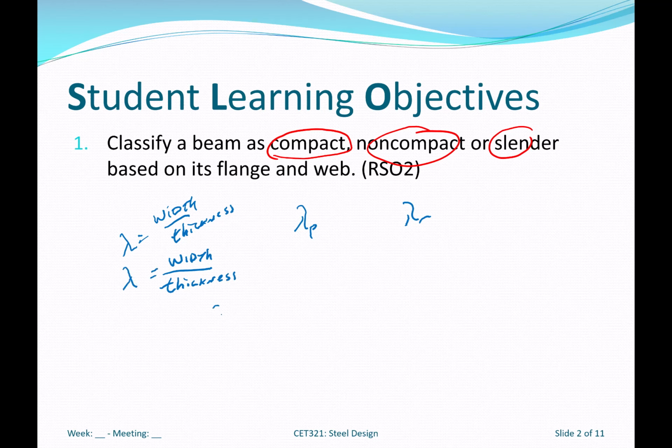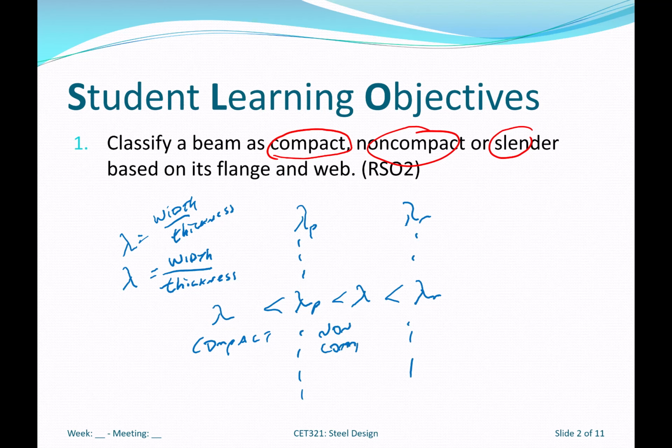If lambda is less than lambda sub p, it's compact. That's good. If lambda is greater than lambda sub p but less than lambda sub r, I think of three regions here, this is non-compact. And if lambda is greater than lambda sub r, then it's slender, and that makes that element a little weaker.